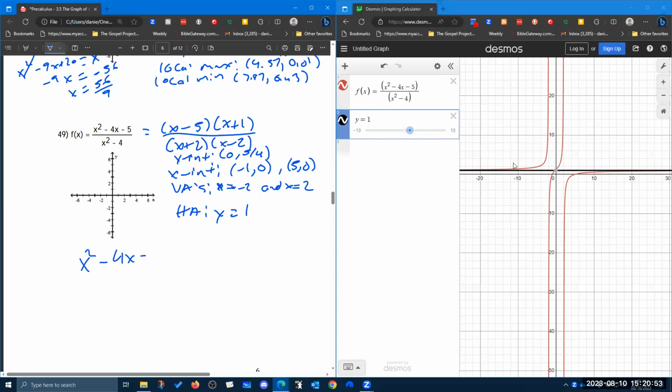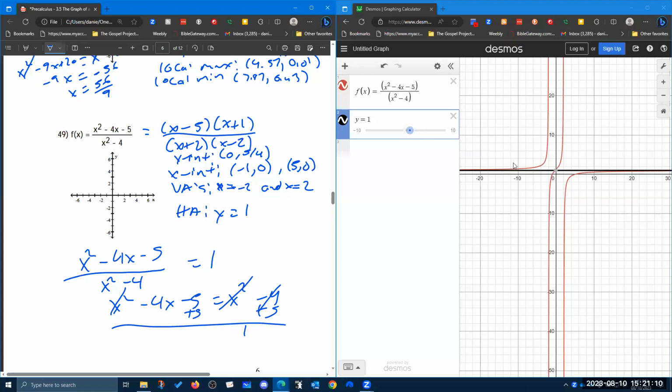It's x squared minus 4x minus 5 over x squared minus 4 equals 1. x squared minus 4x minus 5 equals x squared minus 4. Add 5 to both sides. So 1, negative 4x, divide by negative 4, divide by negative 4, x equals a negative 1/4.